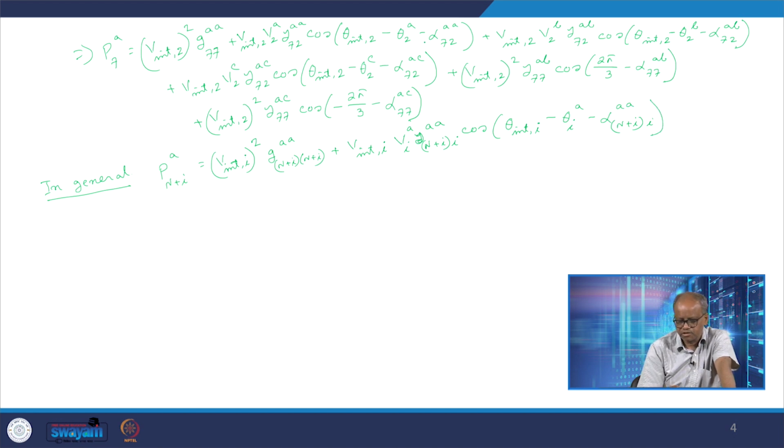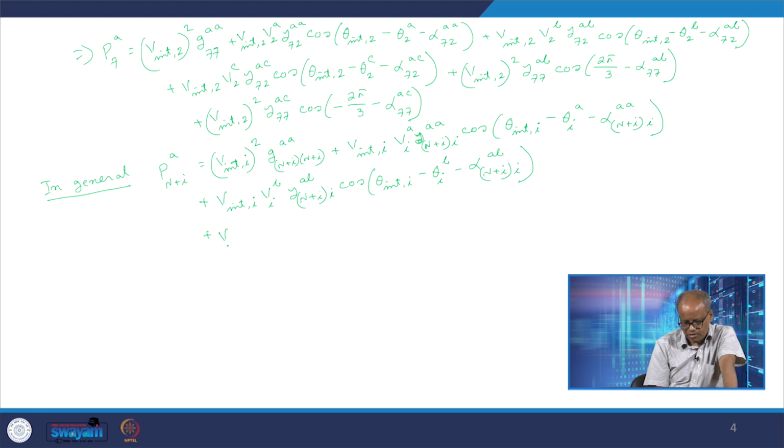So this is for the first term, correct? Plus V internal i, then V i b y n plus i a b, then cosine theta internal i minus theta i b minus alpha n plus i a b, correct?